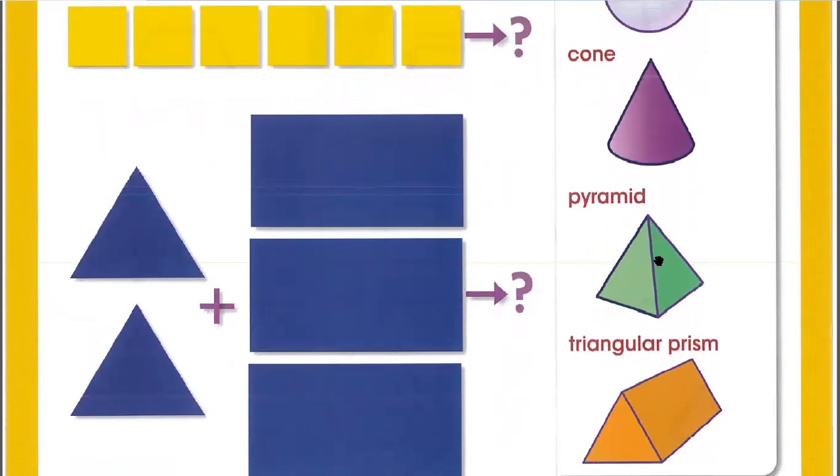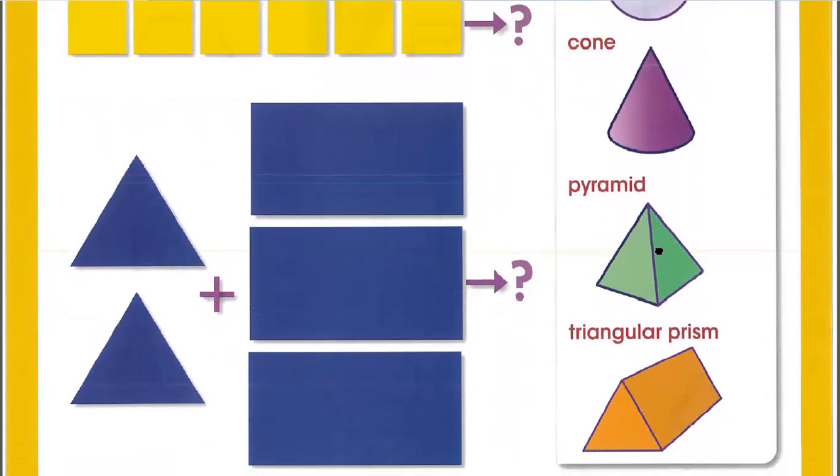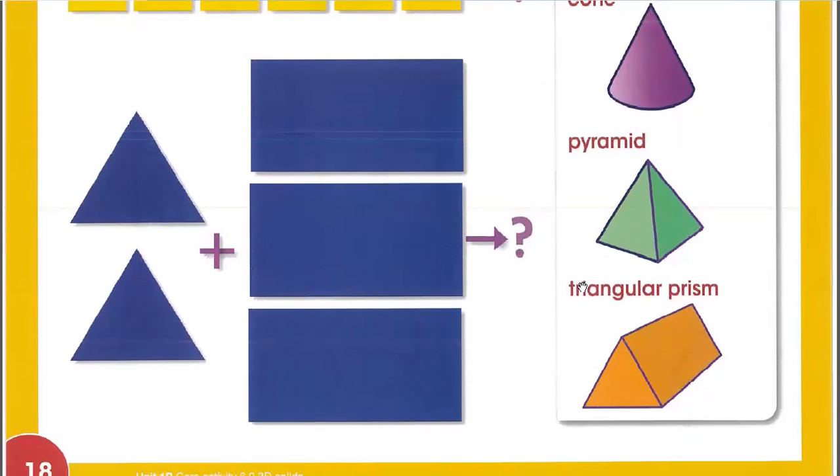Good boys. Okay, so the last shape is triangular prism. Repeat with me. Triangular prism.